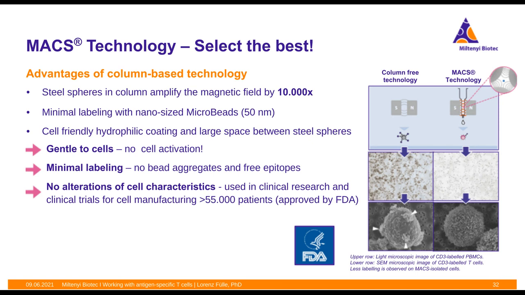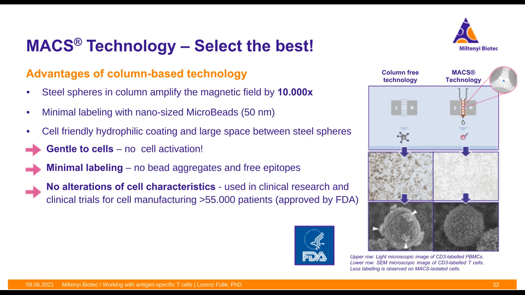You can also see that here in the pictures on the right side, which show microscopic pictures of T cells that were enriched with our CD3 microbeads or with microbeads from a competitor. As you can see, the over-labeling, which is required for column-free enrichment, results in bead aggregates that can already be seen in the cell culture, and also a massive over-labeling of beads on the cellular surface.